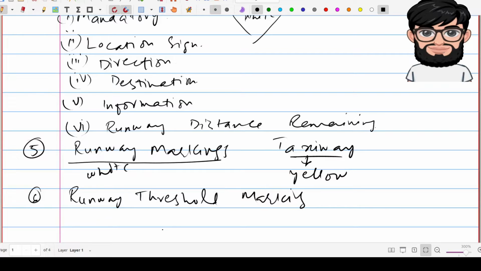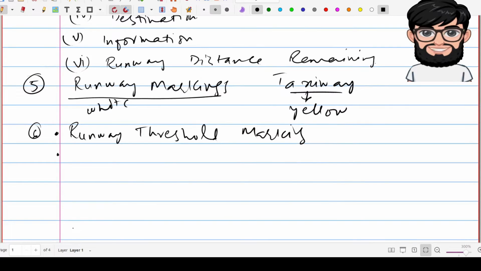Also, we've got a couple of others to define. This was one. The other one is displaced threshold. Then we've got runway hold position markings.